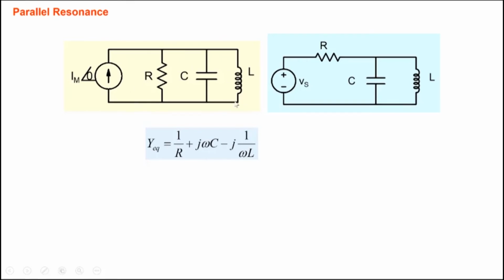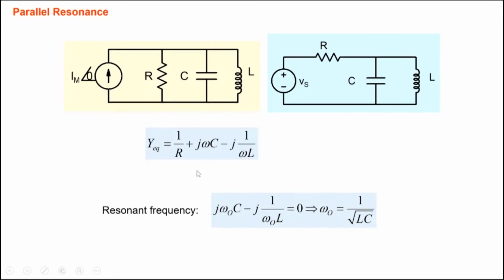So we can write the admittance of this particular part. These are in parallel: 1 over R, j omega C, and 1 over j omega L, which becomes minus j over omega L here. And we note that the impedance of this will be maximum, or the admittance will be minimum, when I make the imaginary part equal to 0.